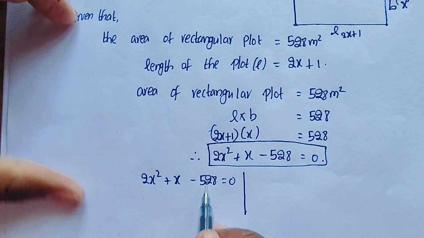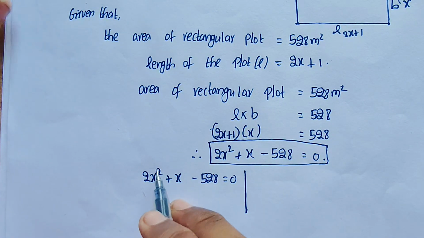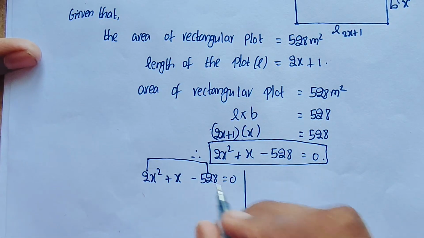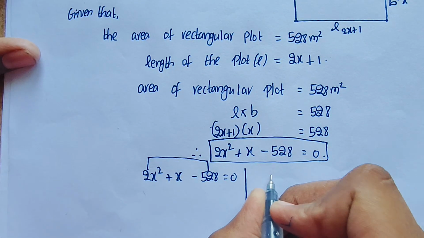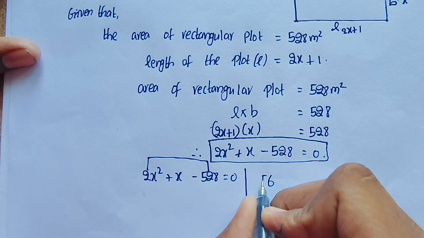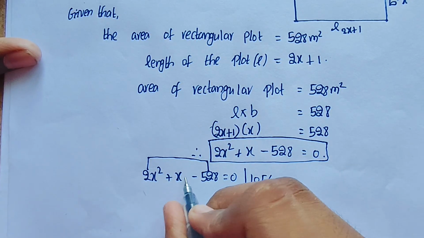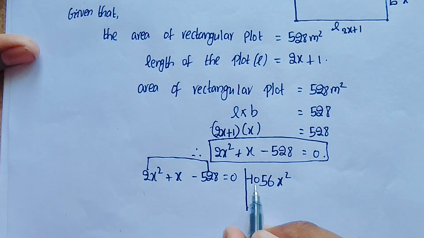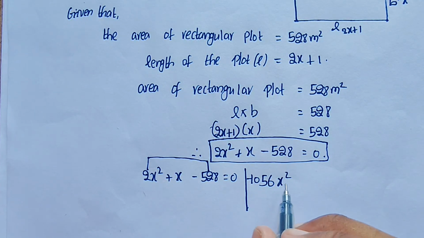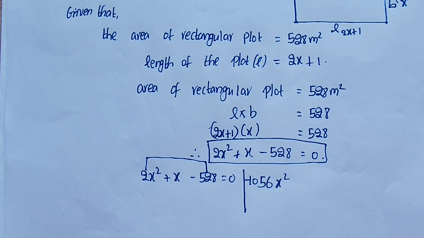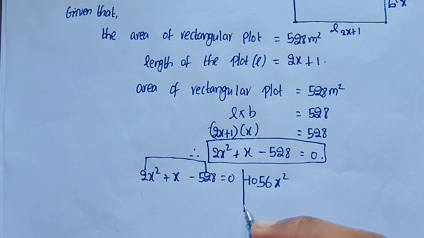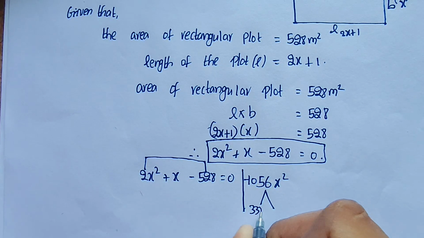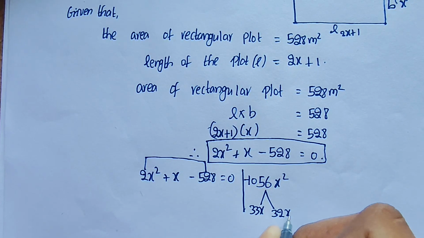For factorizing the quadratic equation, we have to multiply these two: 2 into 528 is 1056, so 1056 x squared. The factors of 1056 x squared are 33x and 32x.